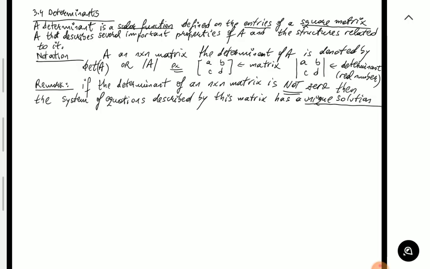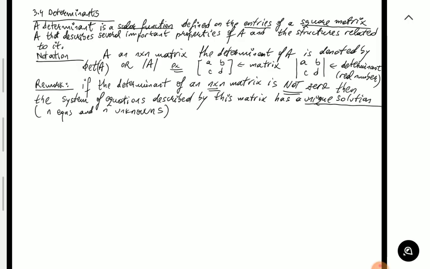So if the matrix of the coefficients of that system, of course this refers only to a system in which you have n equations and n unknowns. So this is of course restricted to the situation in which you have the same number of equations and unknowns, because otherwise you won't have a square matrix. So remember, determinants are defined for square matrices.